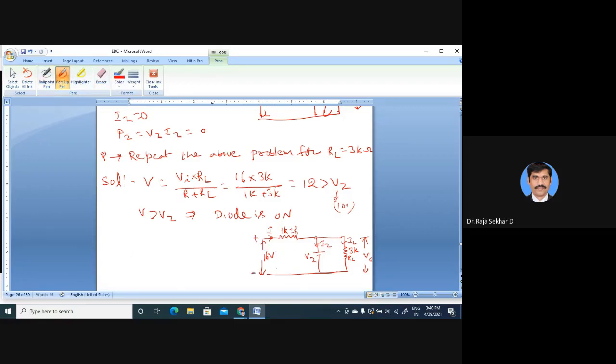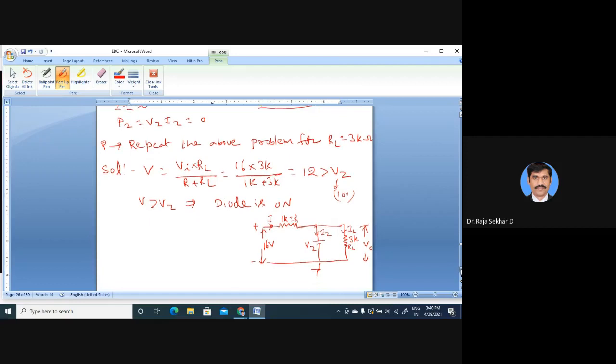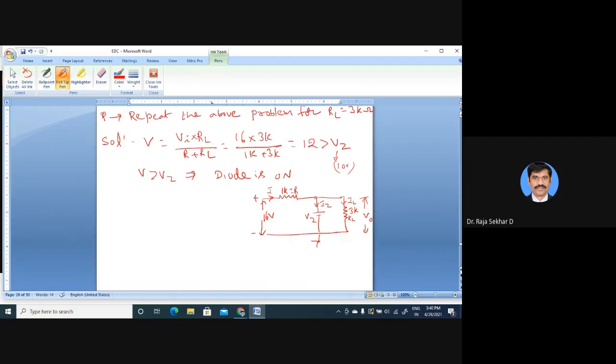So V naught is equal to Vz, that is 10 volts. This voltage is also equal to this voltage.